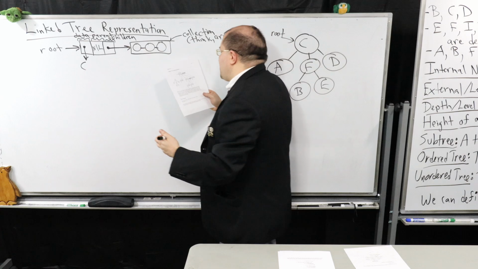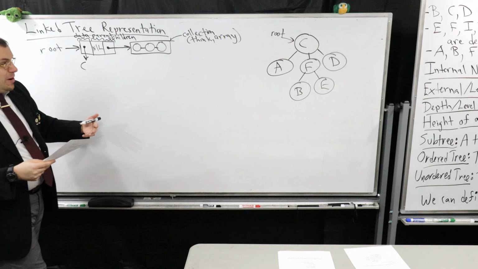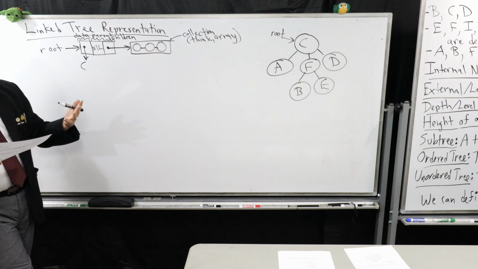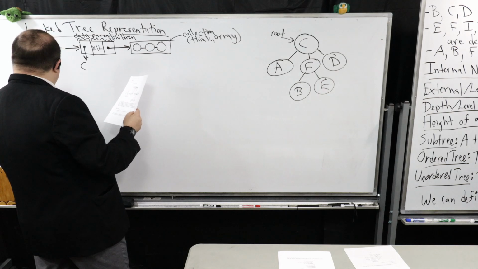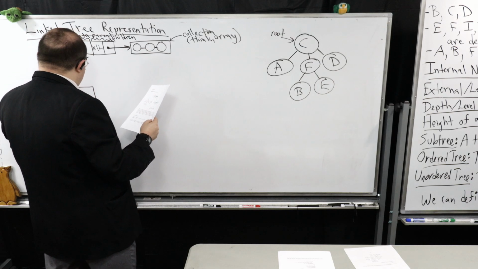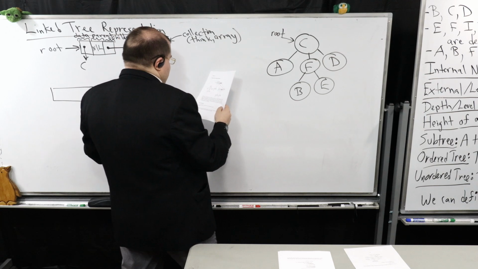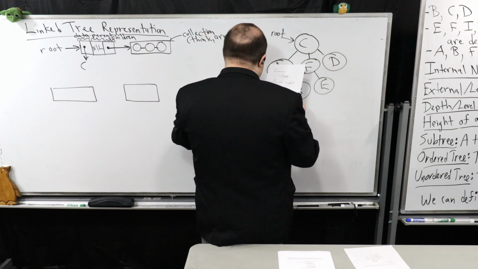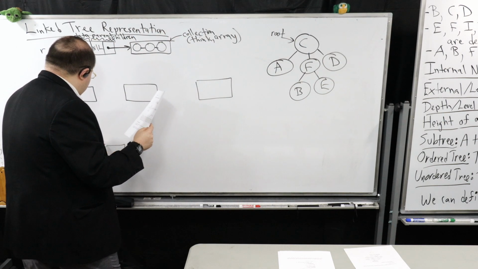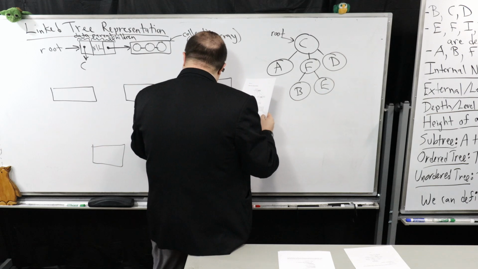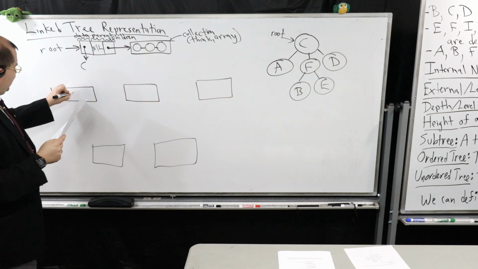So now I need to finish drawing out all these other nodes so we can start playing the game of connect the dots, I guess. Let me just draw out the rest of these nodes. I'm going to need one for A, one for F, another one for D, another one for B down here, and another one for E. I'm giving myself some space here, so just keep that in mind when you're doing this.